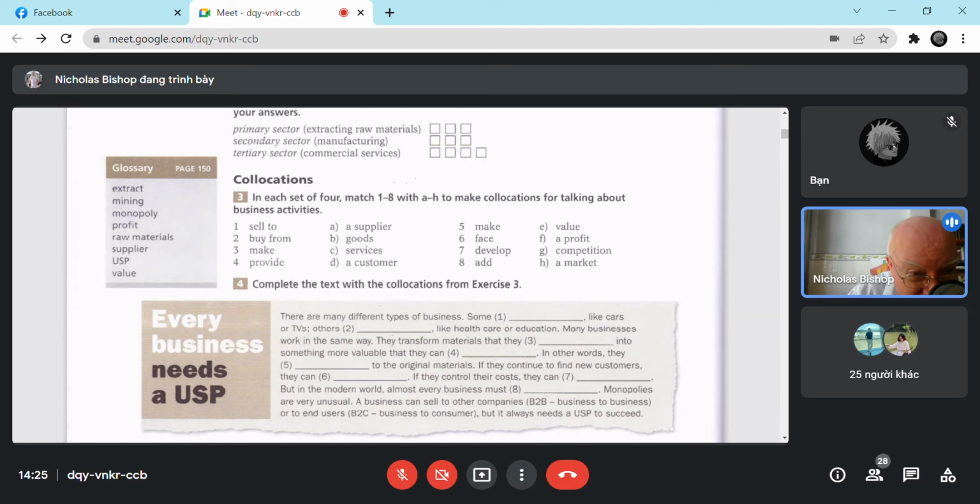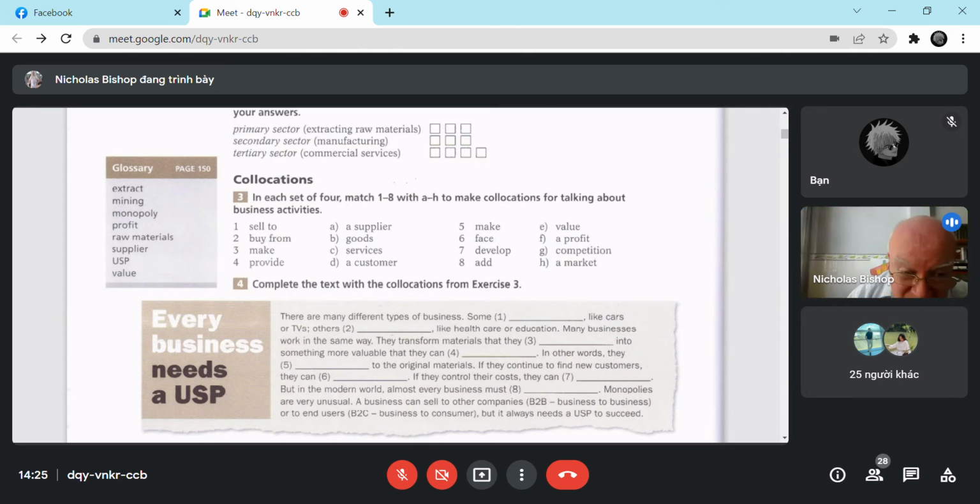Looks okay, yes. Number 3, make. Maybe make goods. Okay, that's what we do in the factory, in manufacturing. Make goods, yes. And number 4, provide. The last thing is provide a service.